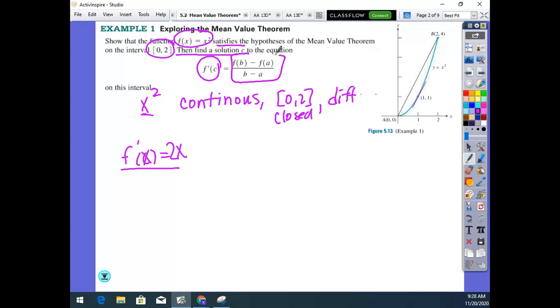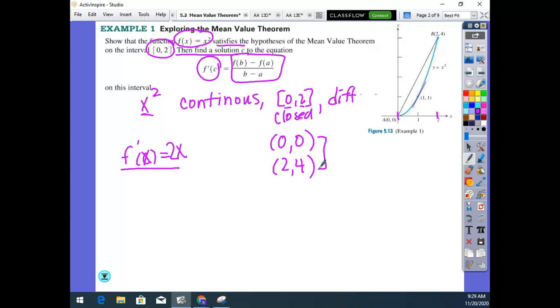Then we have to find the slope of the endpoints. All right, these are my endpoints. So do you see if I plug 0 into x squared, I get 0. If I plug 2, this is my interval along the x-axis from 0 to 2. When we plug 2 into the equation, I get 4.